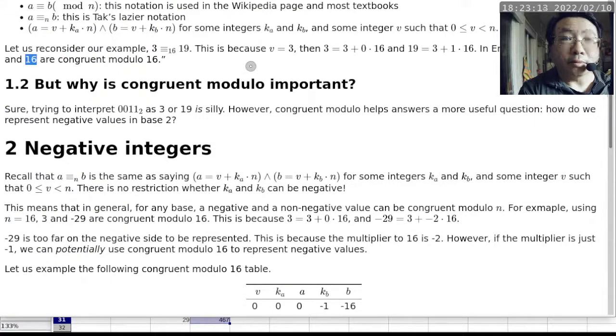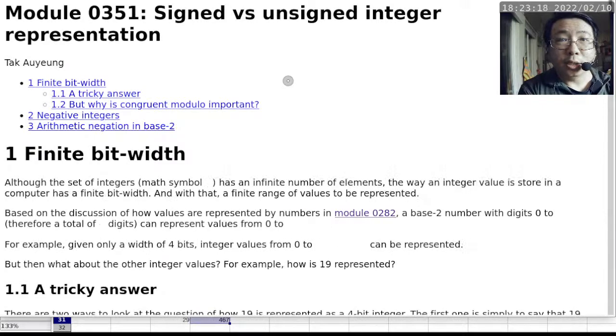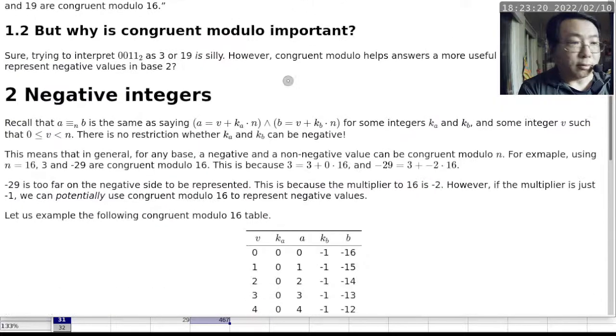Right here. All right, Control Shift R to refresh, and I believe it is fixed now. 4 and 19 are congruent modulo 15? Yes, congruent modulo 15. That is correct.